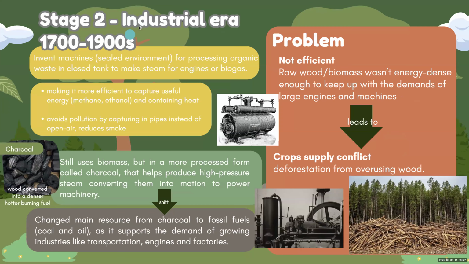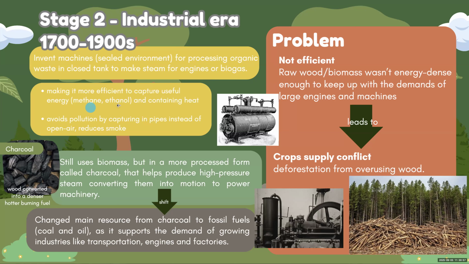And next is stage 2. Oh, wait. It's the industrial era, 17th to 19th century. It's the invention of machines, which are a sealed environment for processing organic waste in a closed tank to make steam for engines and biogas. Like in stage 1, it's open air, and now it's in a sealed machine.